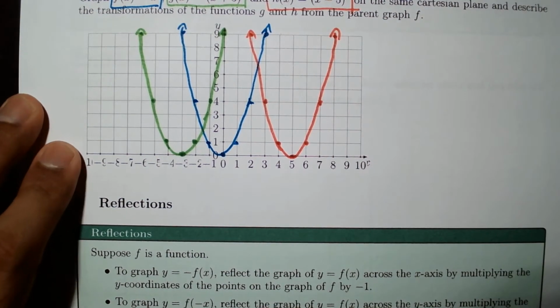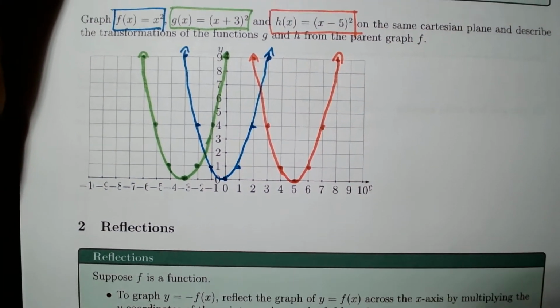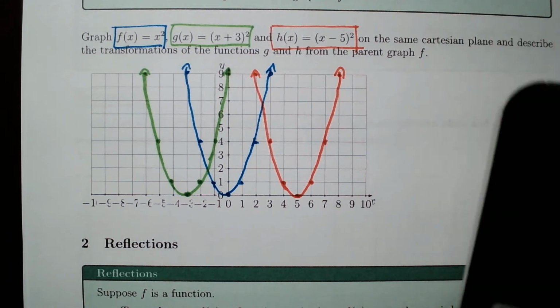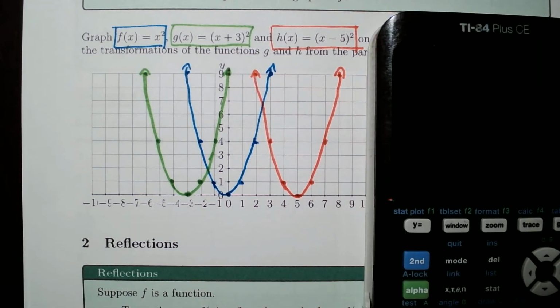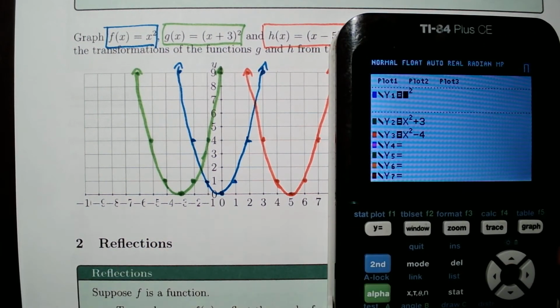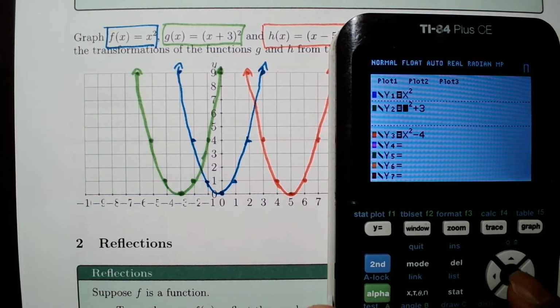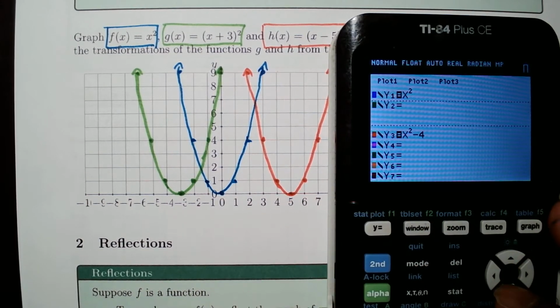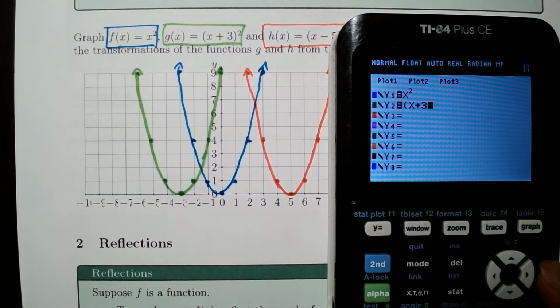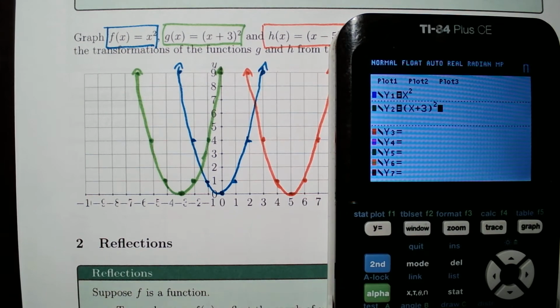Okay, so we have this labeled by colors. Now I'm going to do this in the graphing calculator just to show you how we do this. So let's start it up first, and then I'm going to go to the Y, and then I'm going to clear this one, and I'm going to clear that one. So I'm going to open parentheses, and I will type x plus 3, close parentheses, and square.